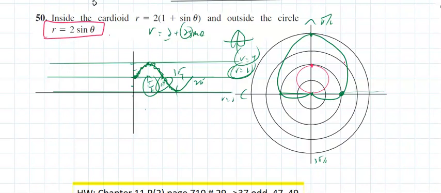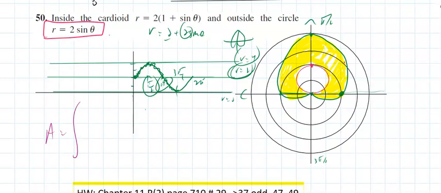Okay, and what does it want? Find the area inside of the bigger, outside of the smaller. Inside of the bigger, so inside of the green, outside of the red. Okay. Here we are. How does that work? Well, area is going to be the integral.